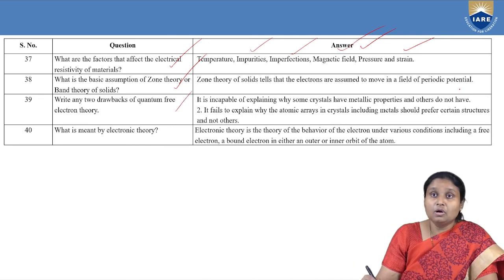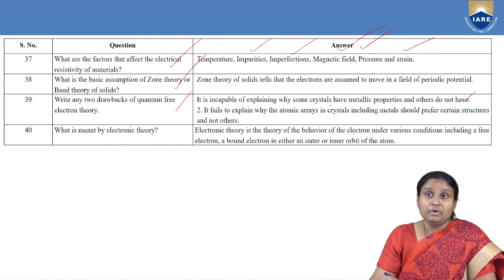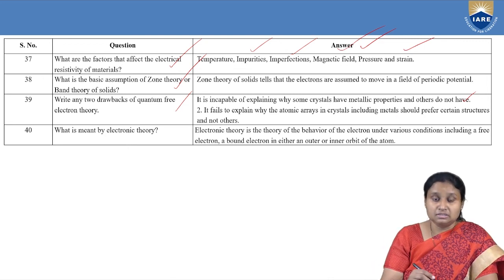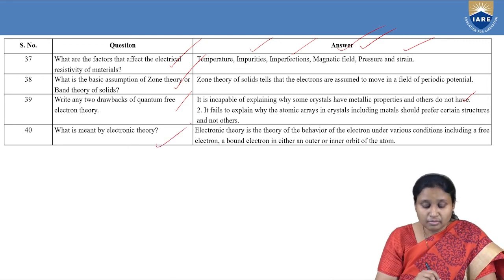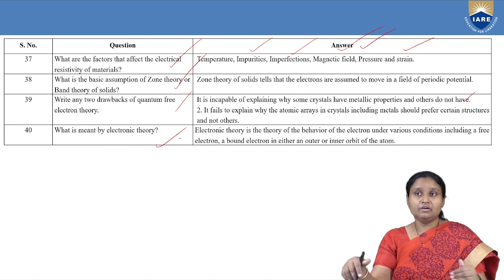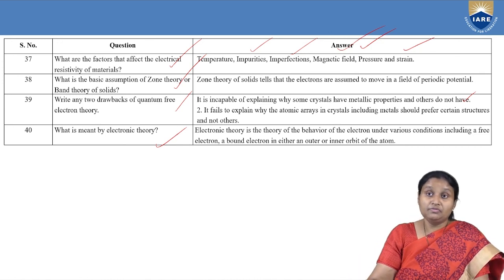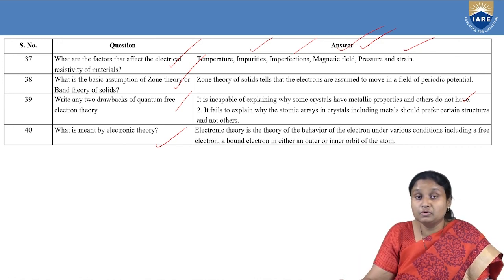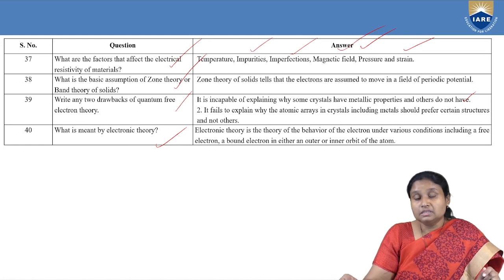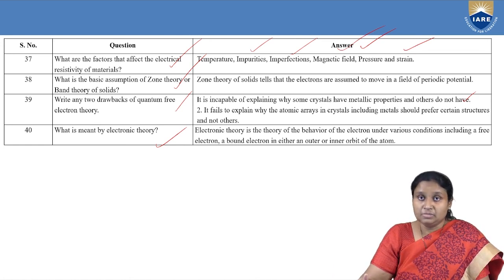It is not able to explain why some crystals have metallic properties and others do not, and it also failed to explain why atomic arrays in crystals, including metals, should prefer certain structures and not others. Then, when we talk about electron theory, in the end it talks about the behavior of electrons, whether they act as bound electrons or free electrons. That is going to determine the nature of the materials.